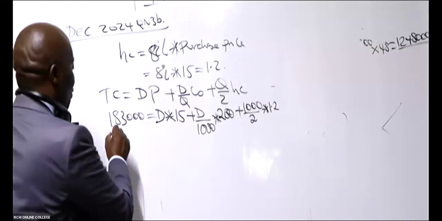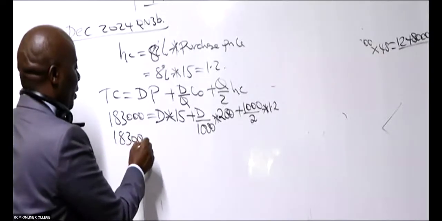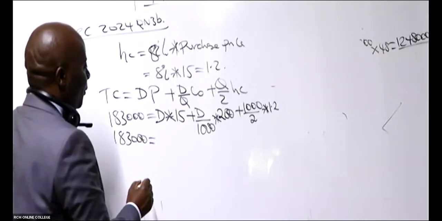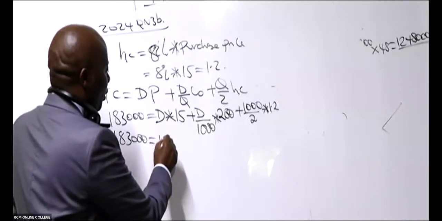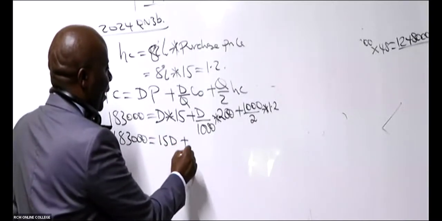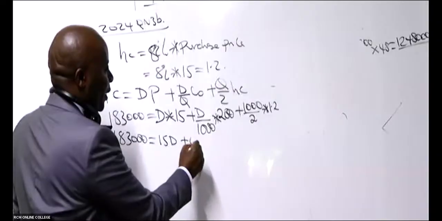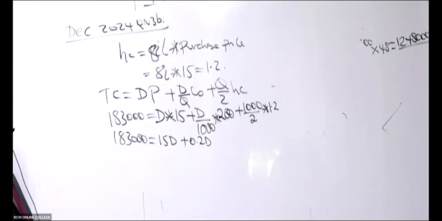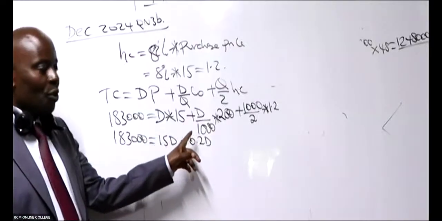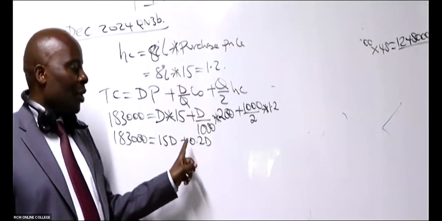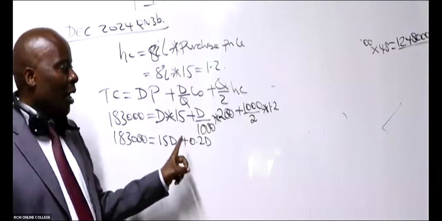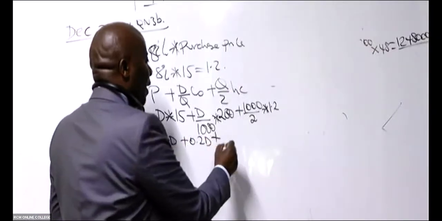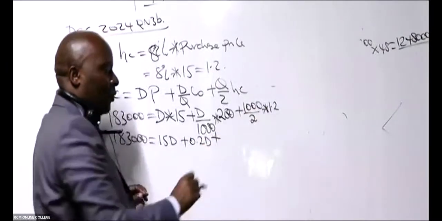So if I try fixing it down, it will be 183,000 equals 15D plus, 200 over 1,000 is 0.2, so it will be 0.2D. Plus, could you kindly do these multiplications and give me the final answer there?